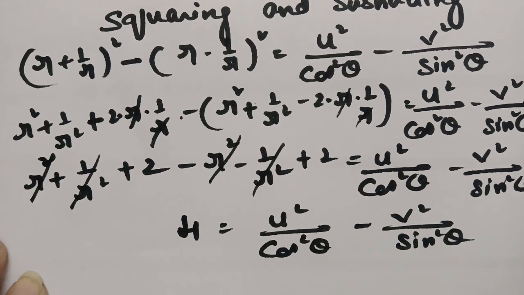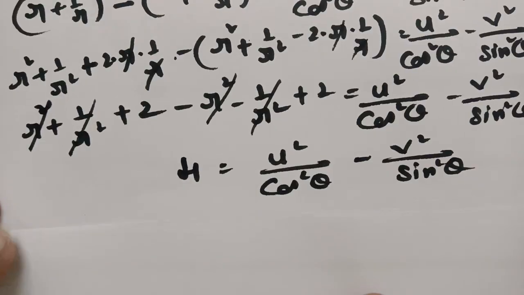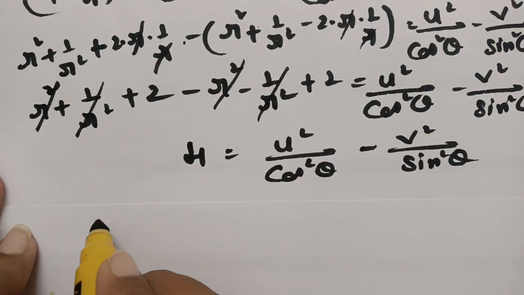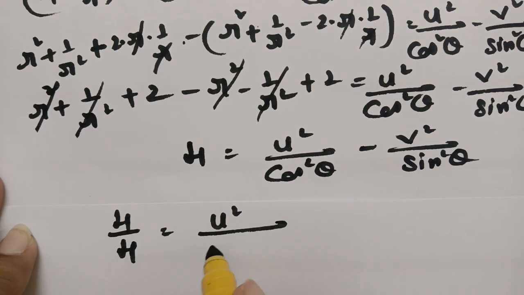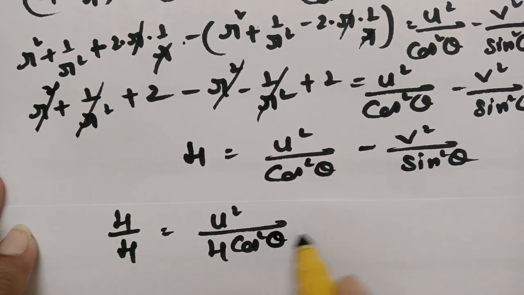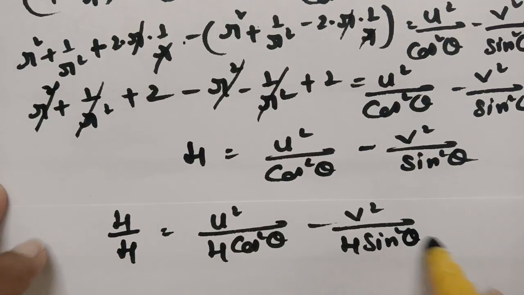Clear? And now see here, there is a continuation part. If I divide on both sides by 4, 4 by 4 is equal to u square by 4 cos square theta minus v square by 4 sin square theta.